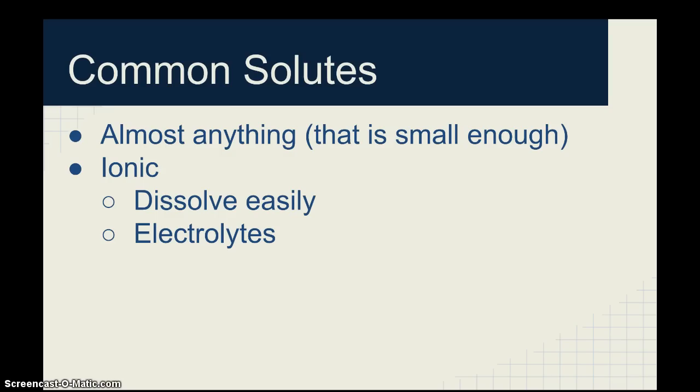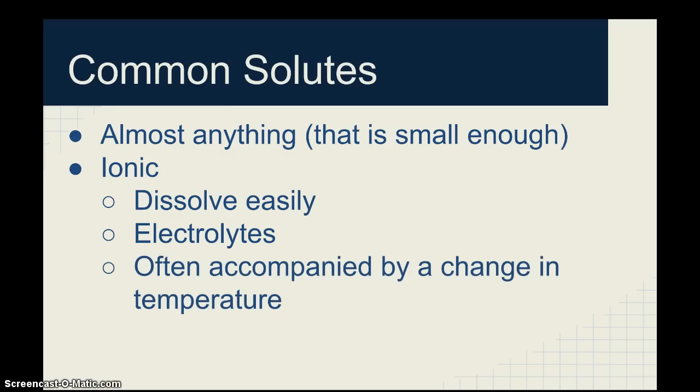You will have seen this in the lab that we did last time. The salt was able to conduct electricity when it's in the liquid form. Salt won't do that when it's in a solid form, only if it's in liquid form or dissolved in a liquid. Oftentimes, when ionic compounds dissolve, it's accompanied by a change in temperature because there's a certain amount of energy needed to break the attraction of the sodium to the chloride.